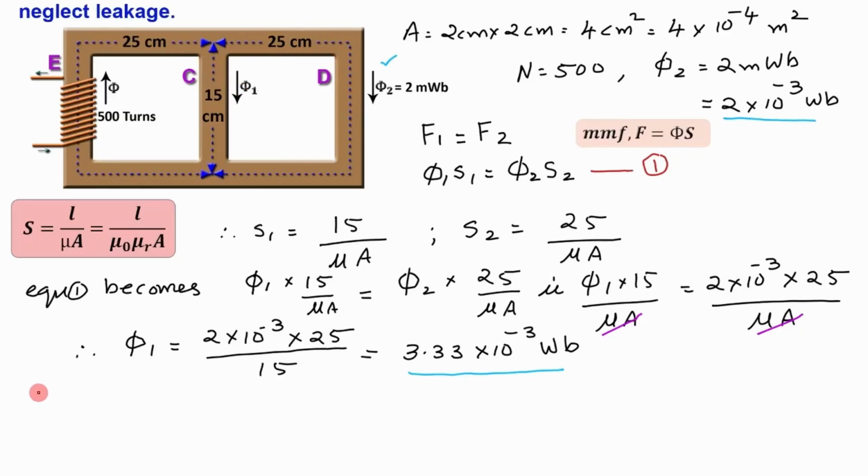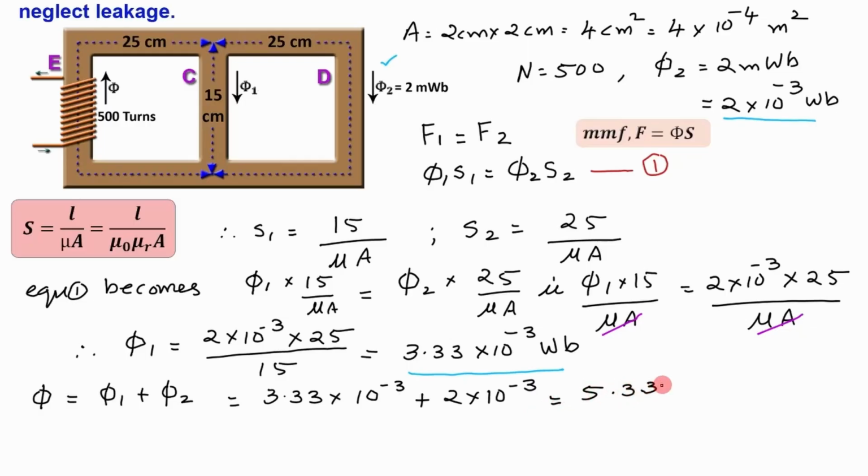So, total flux phi is equal to phi1 plus phi2, which is equal to 3.33 into 10 raised to minus 3 plus 2 into 10 raised to minus 3, that is equal to 5.33 into 10 raised to minus 3 Weber.